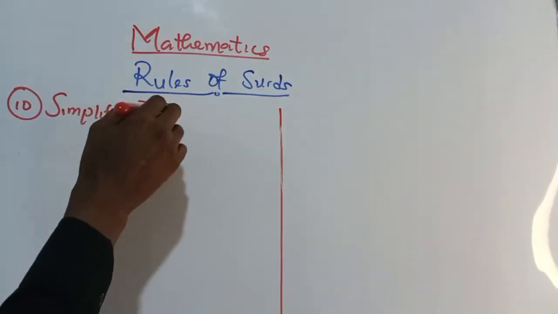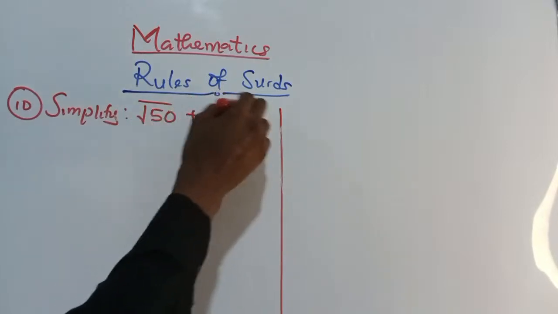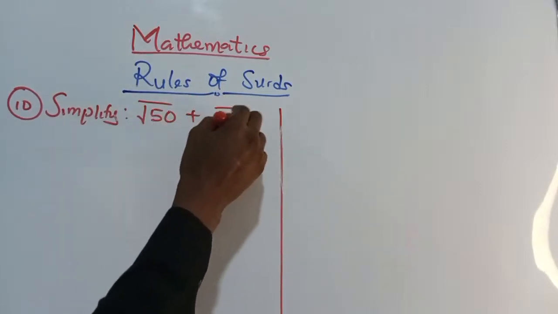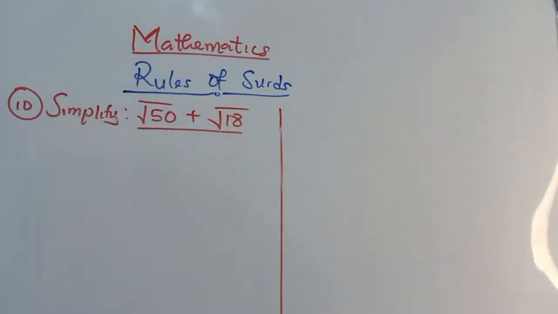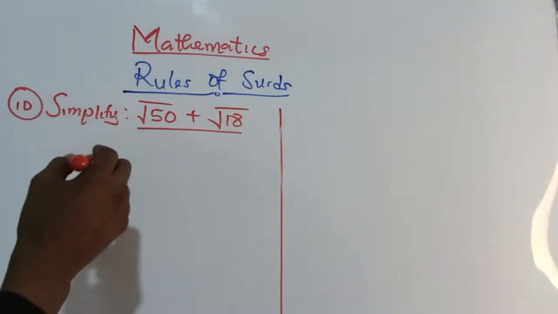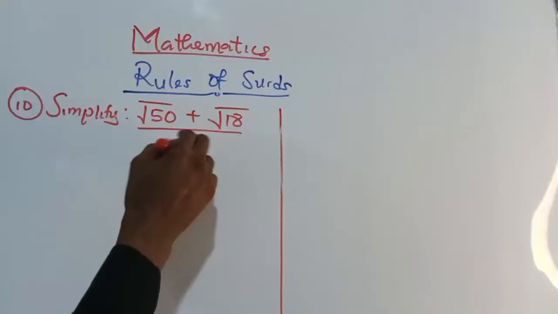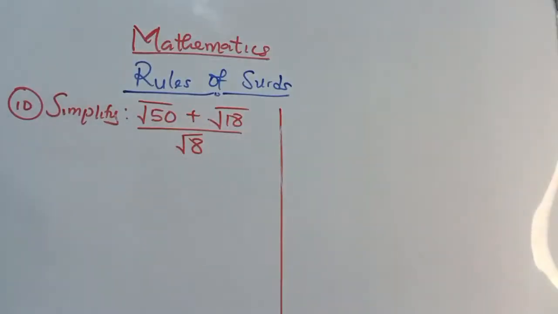Root 50 plus root 18 over root 8. Welcome, welcome, guys. All right, so we have something that is similar to what we just did, and that is root 50 plus root 18 over root 8.